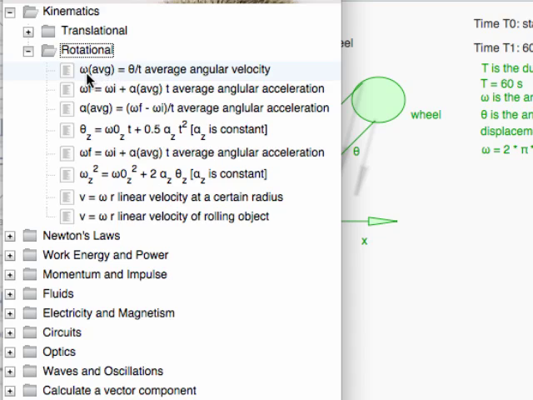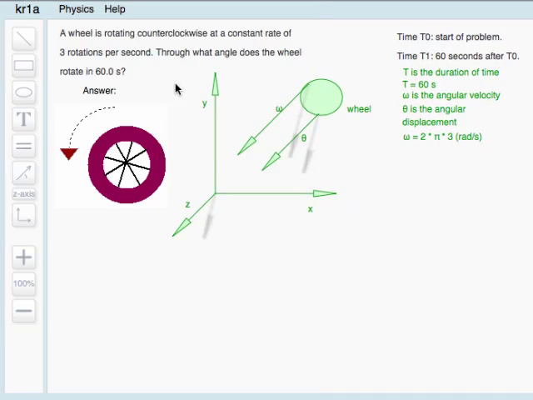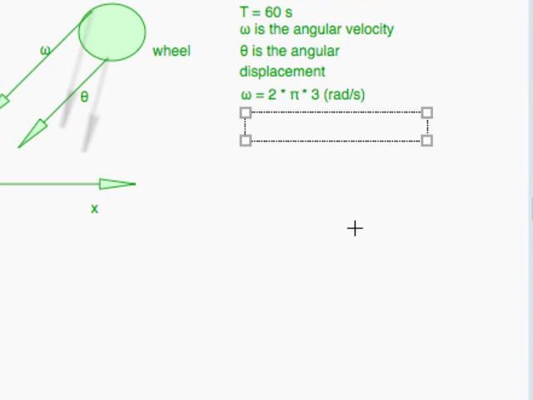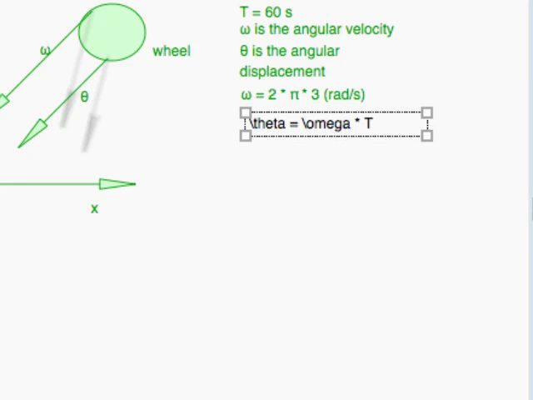It says the average angular velocity equals the angle divided by time. So if I come back here, I can write an equation that'll do that. Solving for theta just makes it so it's theta equals omega times time.